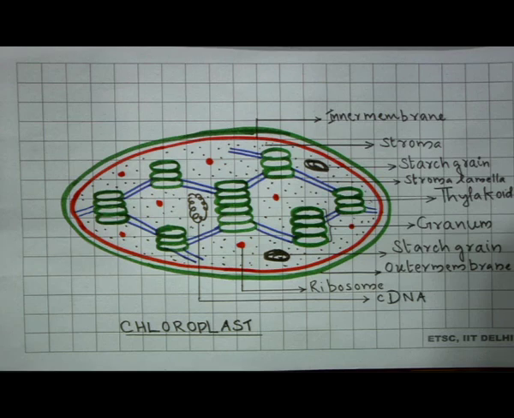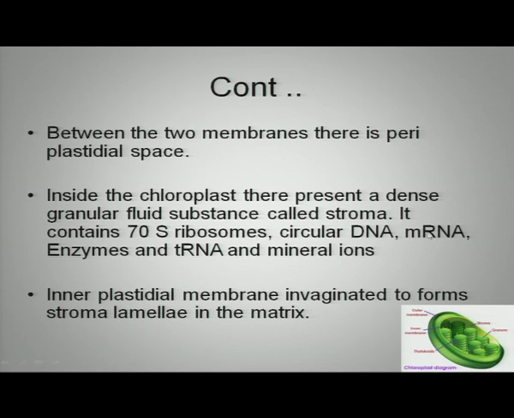Then they present a messenger RNA, small mRNA means messenger RNA, different types of enzymes and tRNA. tRNA means transfer RNA molecules and mineral ions. So, all these are the components that we can see inside the stroma.